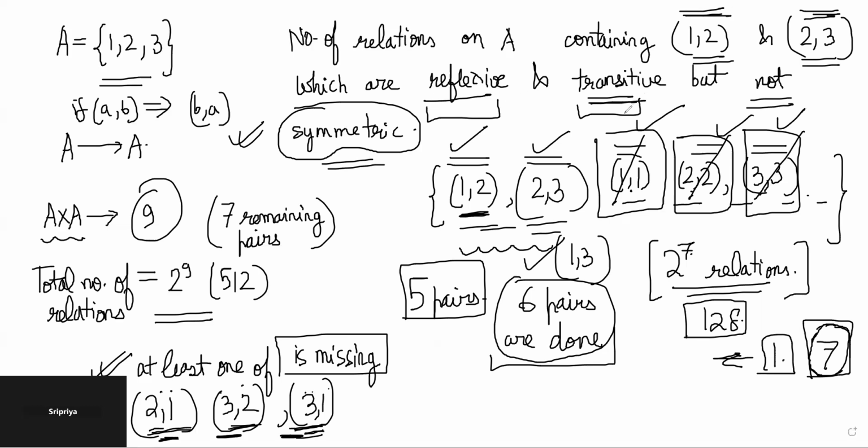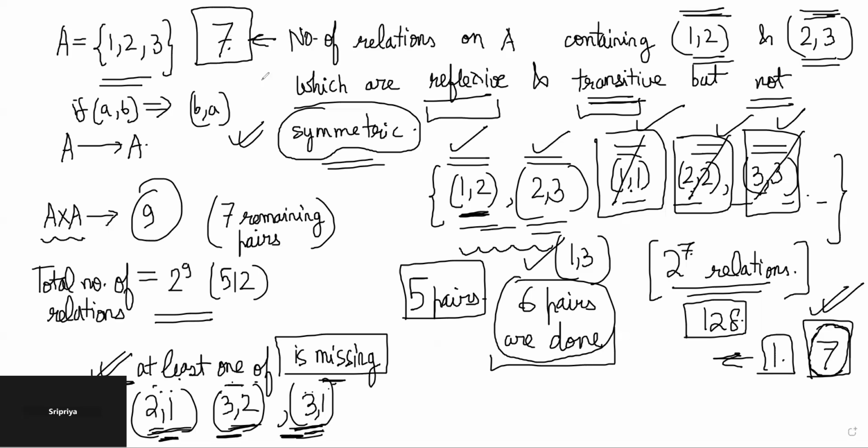Out of the 9 total pairs, 3 were left. Out of those 3, there are 7 ways to make relations, where you are only not including the case when all 3 are present. The answer will be 7 relations.